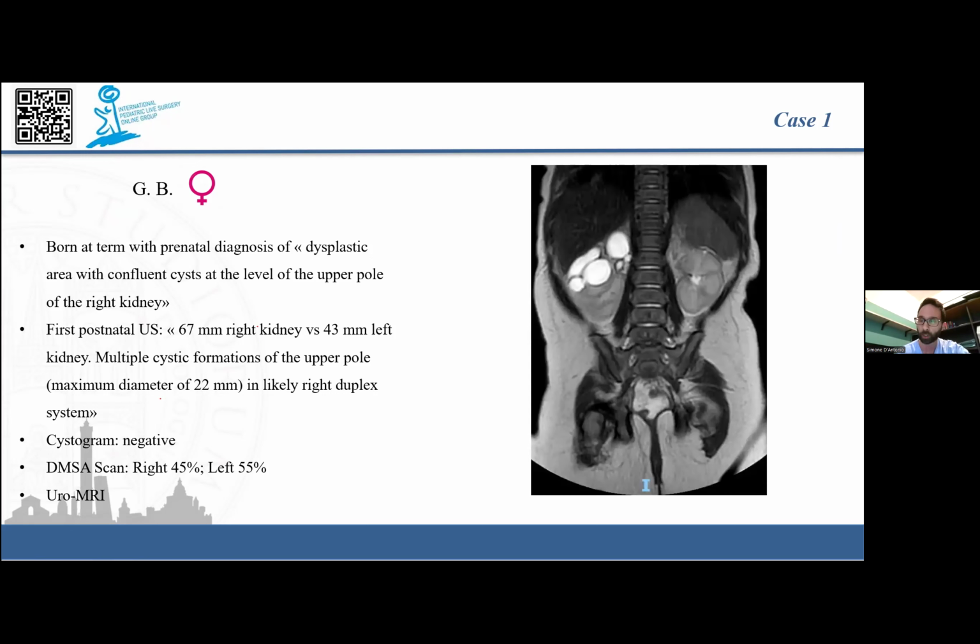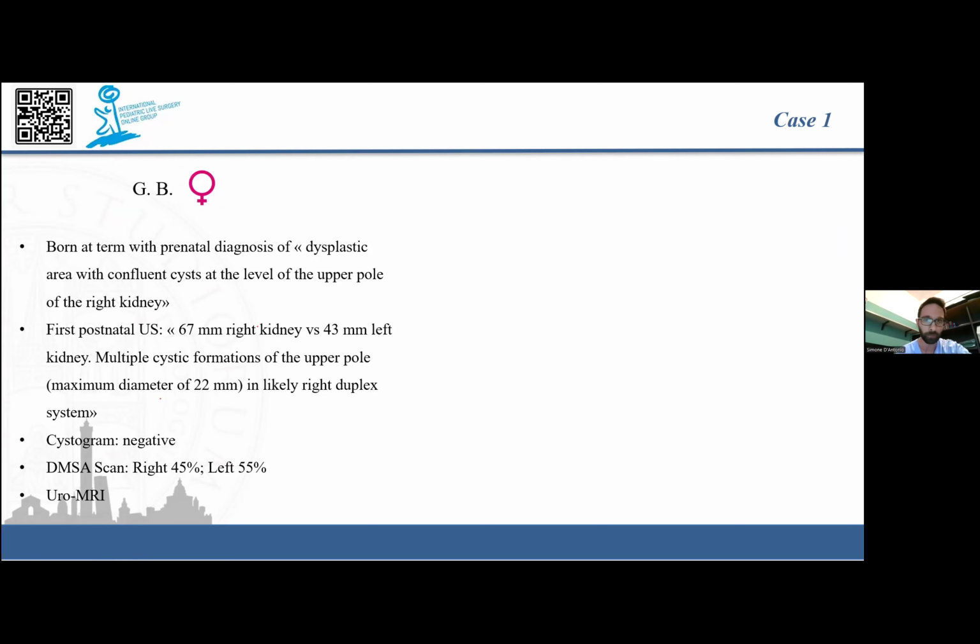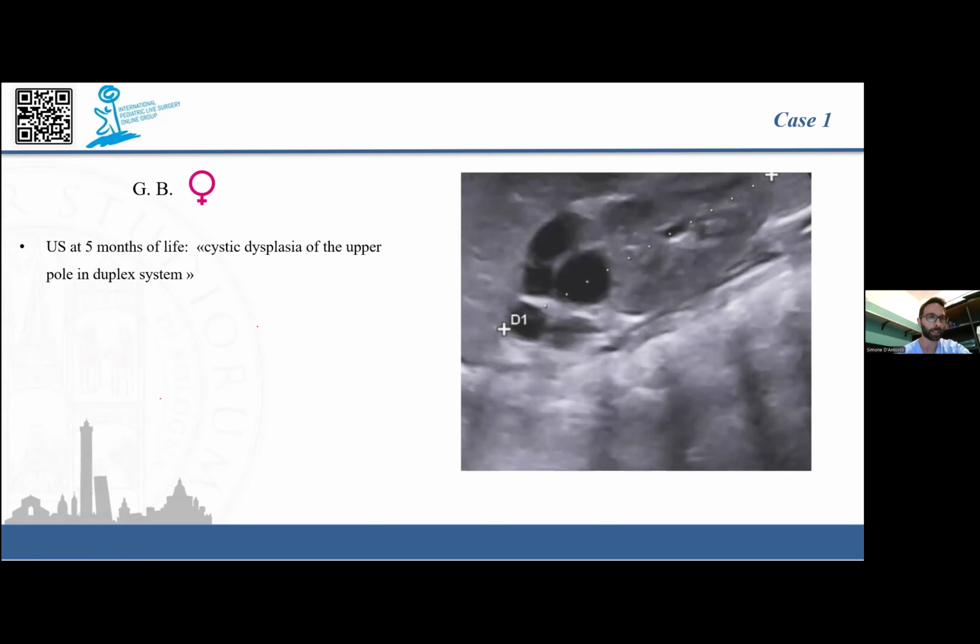The MRI confirmed the initial diagnosis and didn't find any other anomalies. We repeated another ultrasound at 5 months of life, and the situation was quite similar, a cystic dysplasia of the upper pole of the right kidney in a probably duplex system.